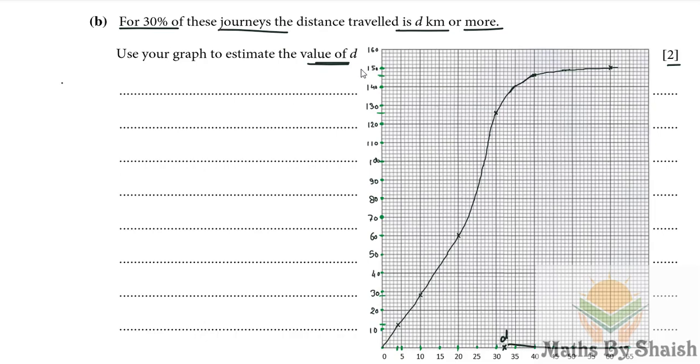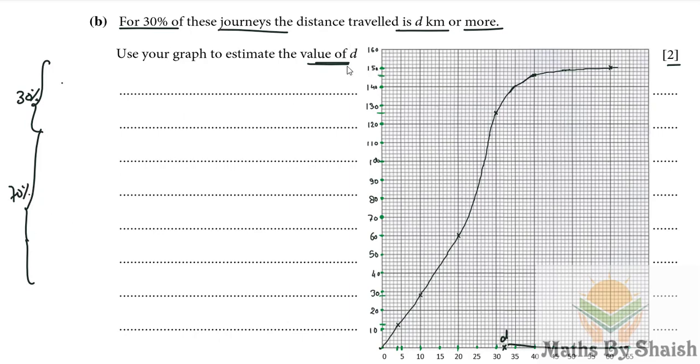If we need to find the top 30%, we have to calculate the 70% from the bottom, so that we can calculate the 30% from the top.